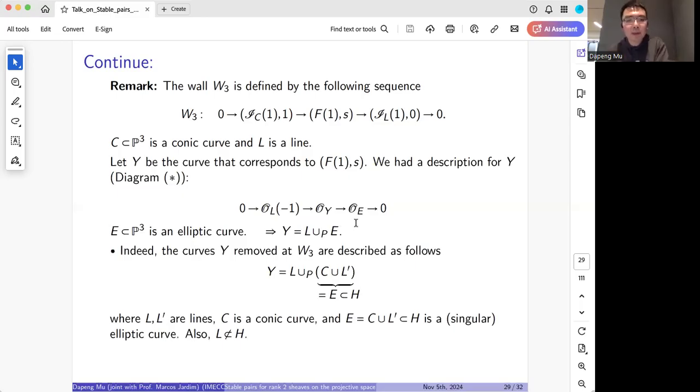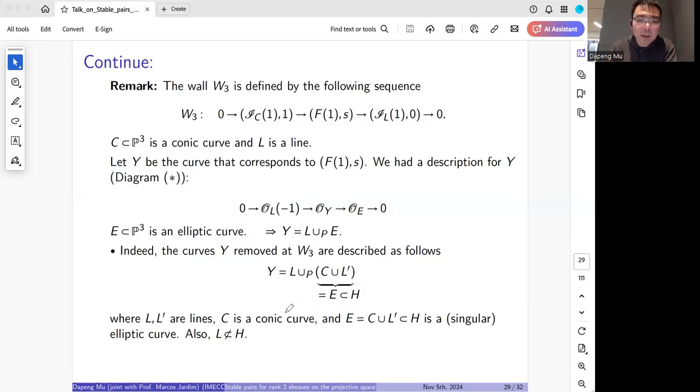But what happens indeed is that this wall crossing at W3 does not remove all of those curves satisfying the sequence, but it only removes part of it. So it removes the curves Y that have this kind of description. This diagram star tells us this curve should be a line union a cubic curve.